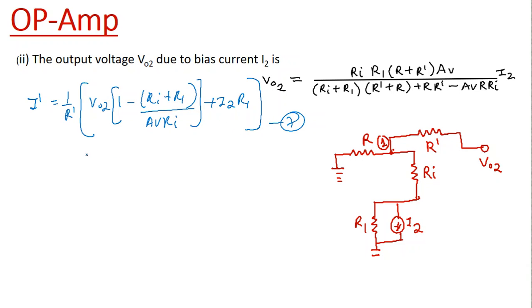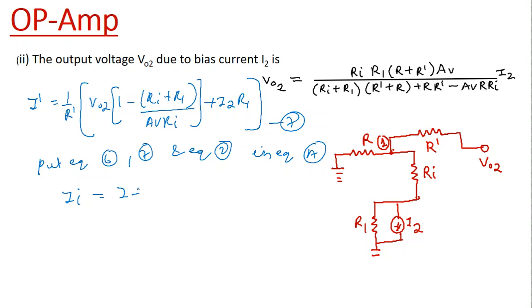So we put equation number 6, 7 and equation number 2 in equation number 5. So our equation number 5 was II is equal to I plus I dash.